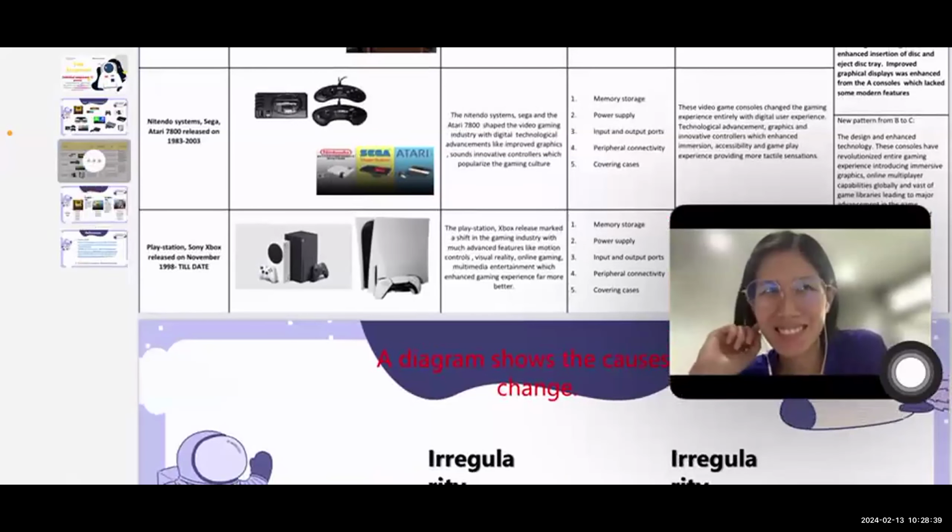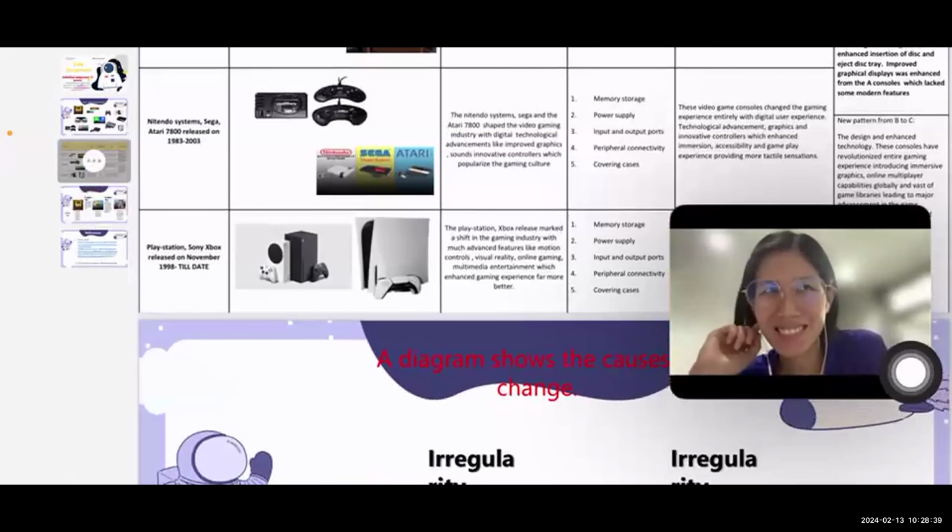And the common elements that keep repeating were that they all have memory storage. They all had a power supply, and they had input and output where you can insert things, for example the controller pad, and you can remove it, and you can put in your CD to play the game.